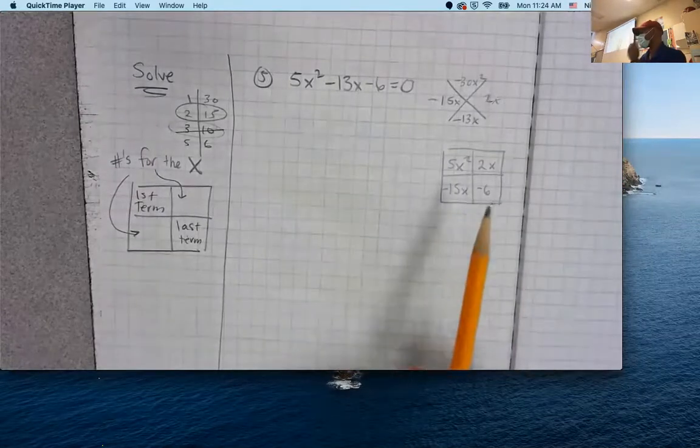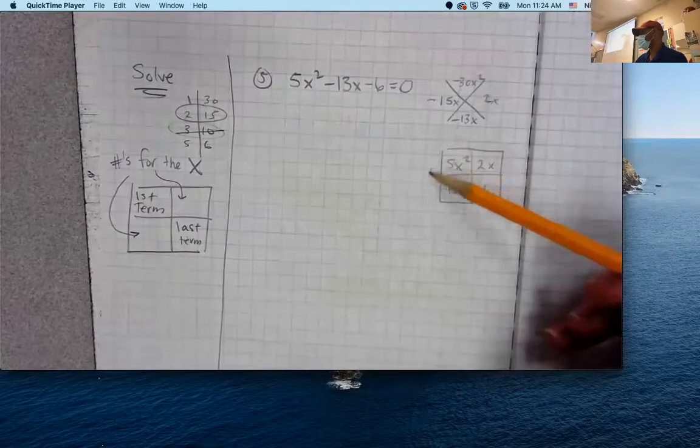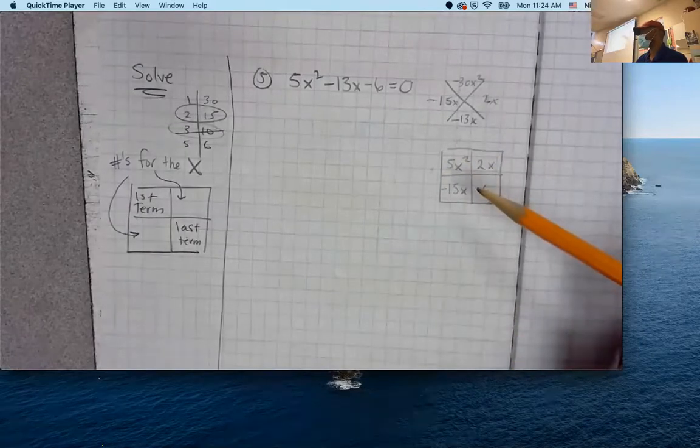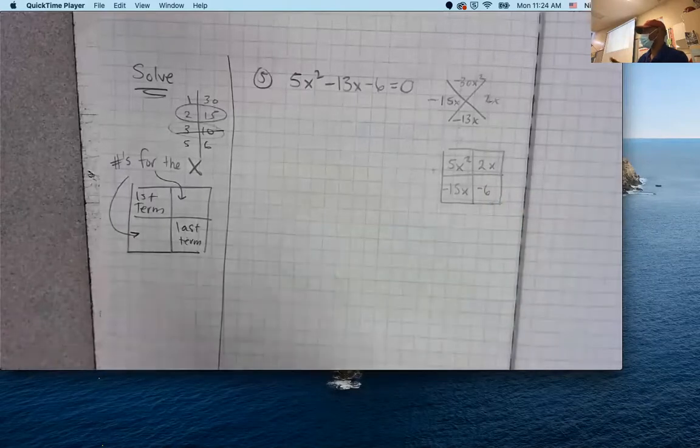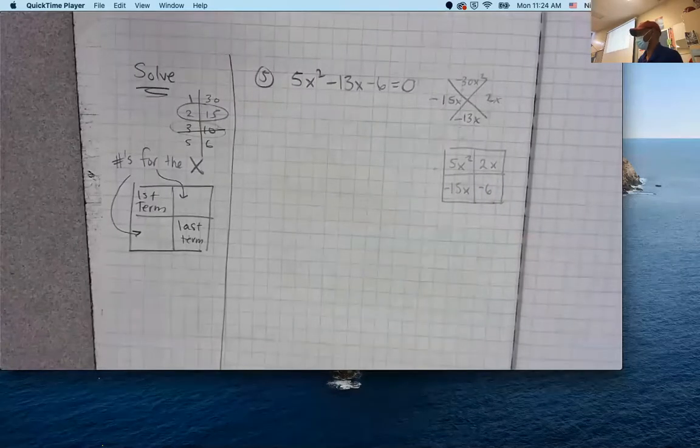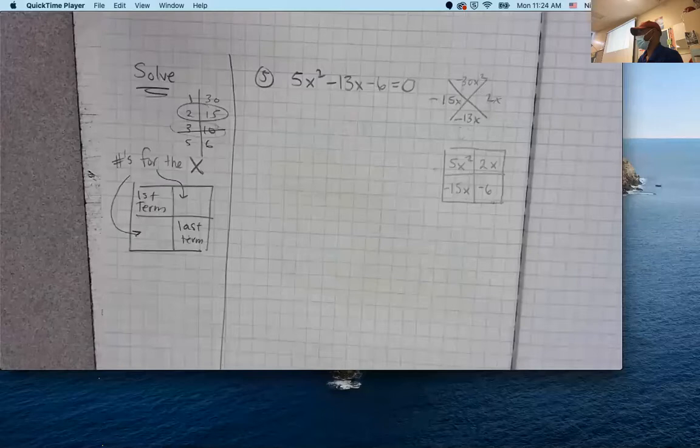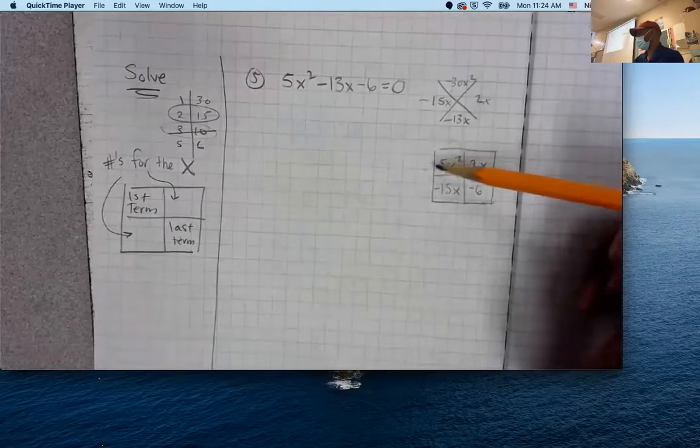The one I always like to start with is this top left corner. What two numbers are going to multiply to 5x squared? Well, we know that 5x times x will give you 5x squared, but where does the 5 go? Does it go on the top or the side? Would it go above the 5 or to the side of the 5?